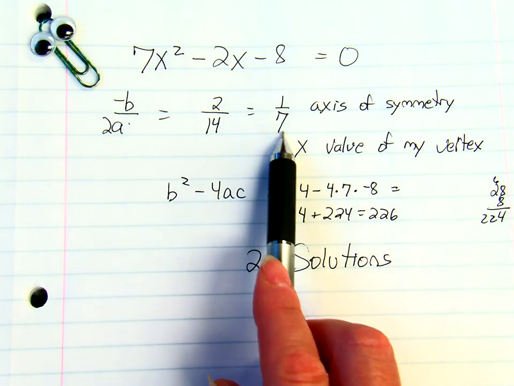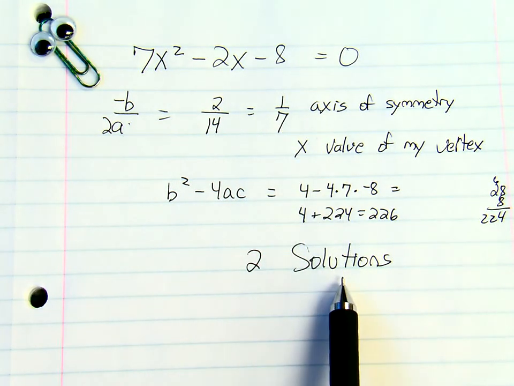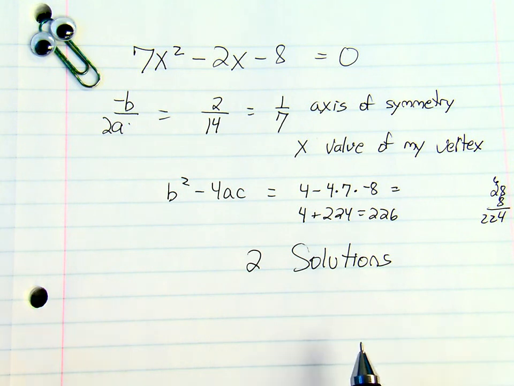My axis of symmetry is at 1/7. I have two solutions. That means that I know, since my axis of symmetry is at 1/7, that if I put in values such as 0, maybe not 0, maybe 1, maybe 2, maybe 3, I'm going to get an idea of where everything is.